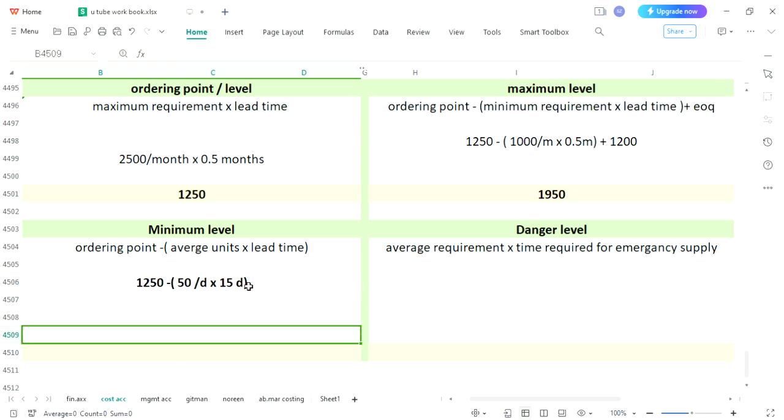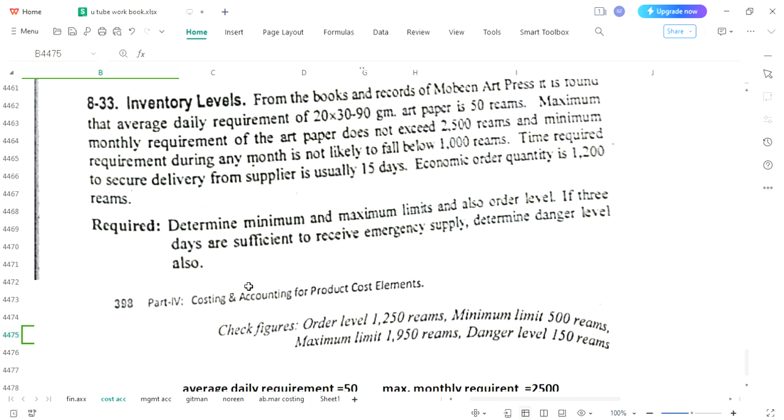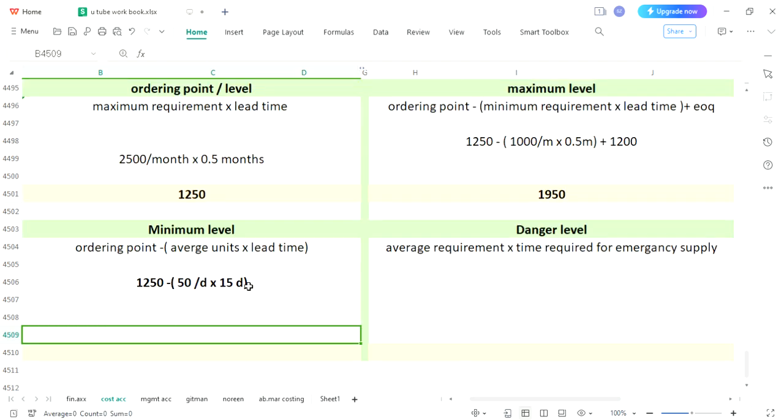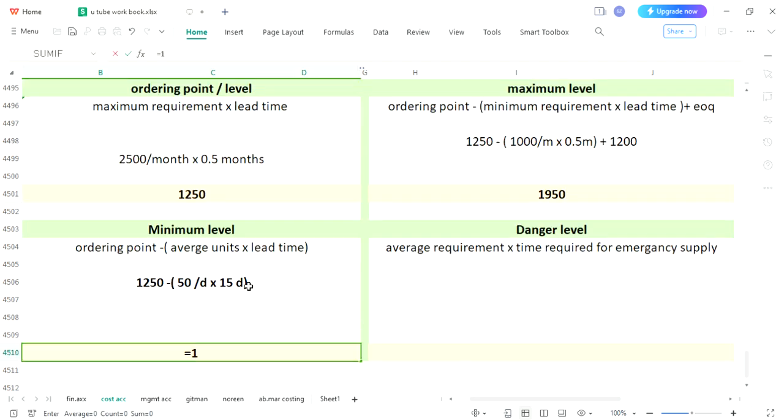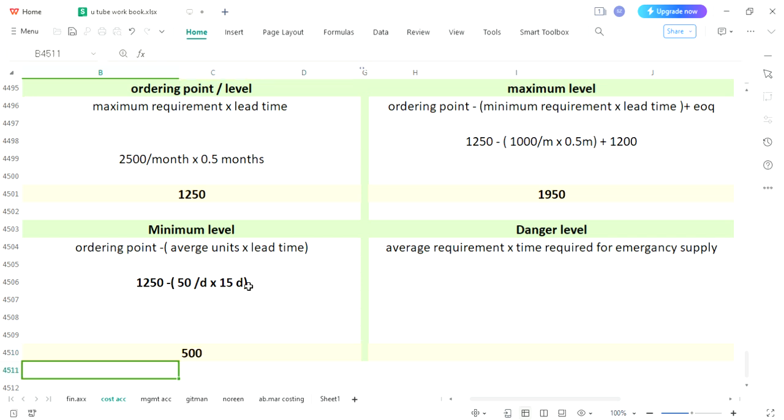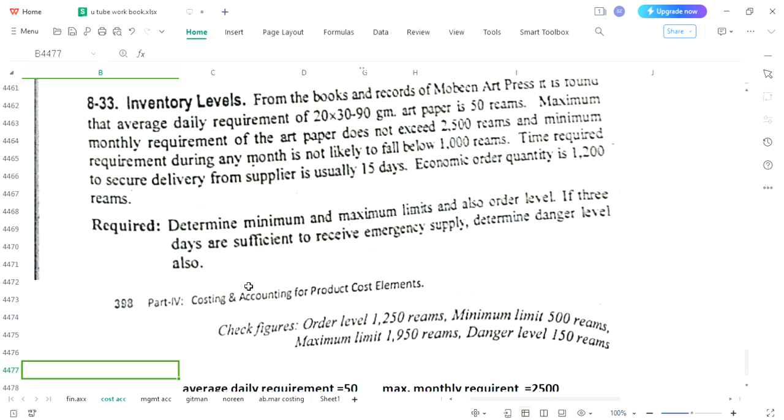Now we can calculate it. Alright, so 1250 minus bracket open 50 multiplied by 15. So we have got the answer for minimum level, and you can see minimum limit is 500 reams.